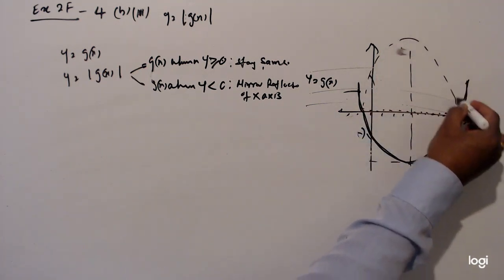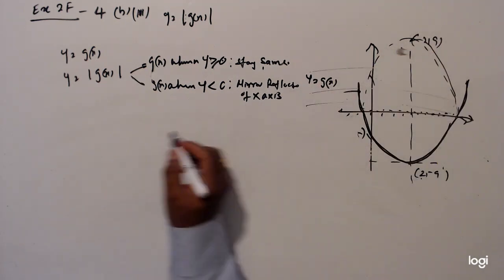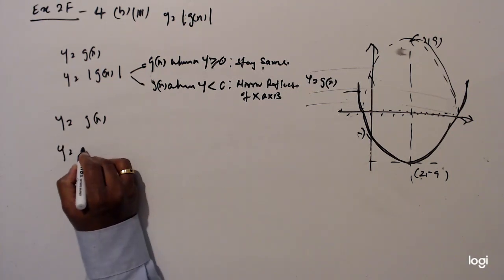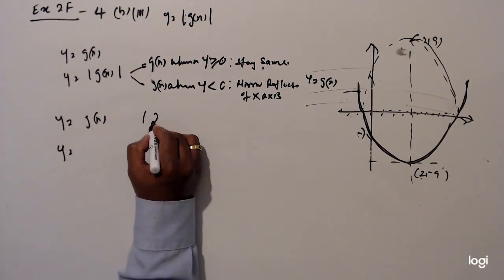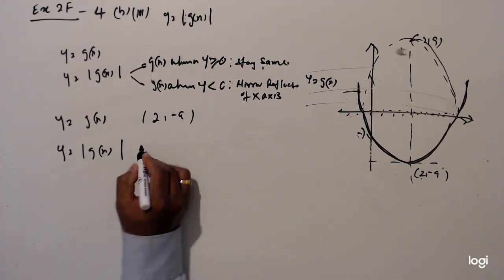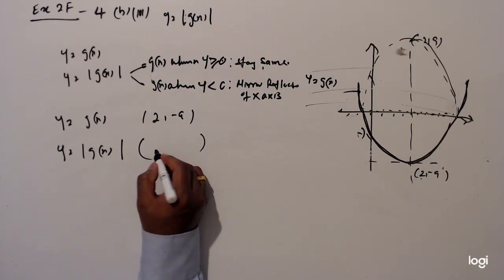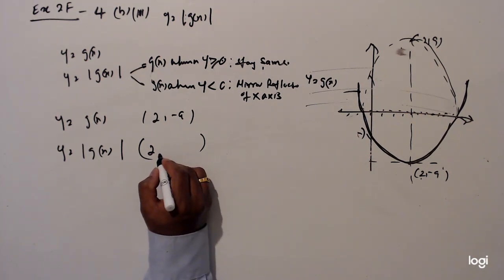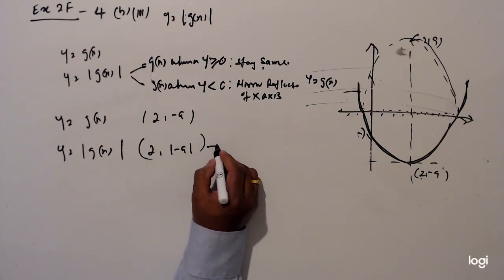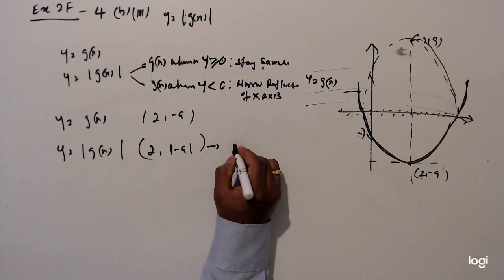So in that case, the graph is going to be something like this. So (2, -9) becomes (2, 9). So y = g(x), then y = g(x) with (2, -9), then |g(x)| means put all the mod values to y, so |-9|, which is positive 9.